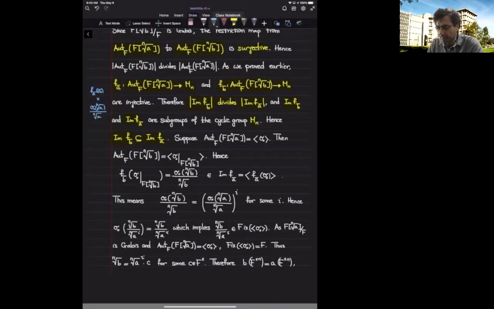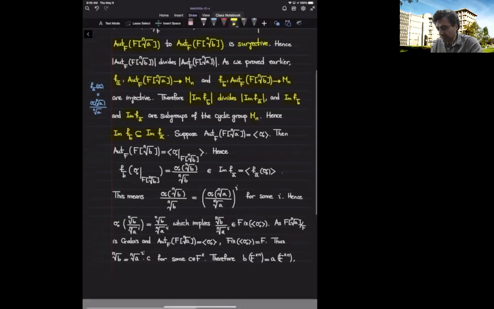Now, similarly, f sub b bar applied to this group gives us the image. This group is cyclic and is generated by sigma naught restricted to this intermediate subfield. Now, when I want to understand the image, I have to apply f sub b bar to this generator.